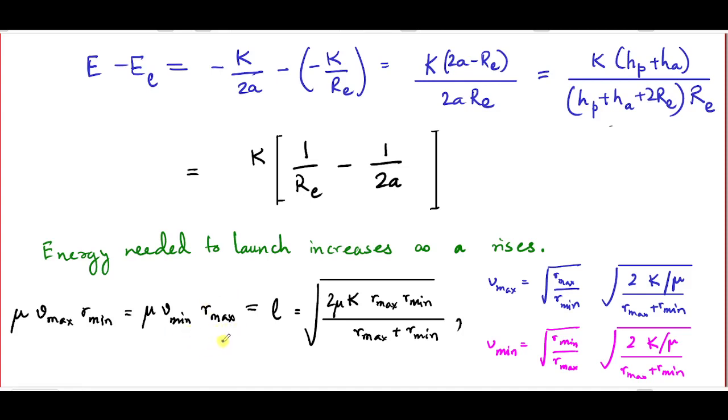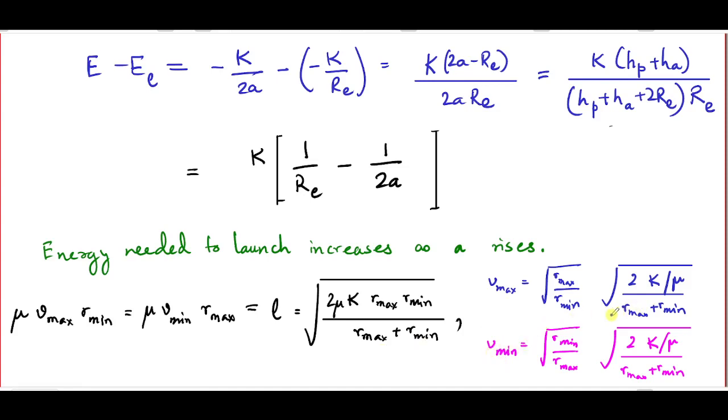These products are, of course, equal to the magnitude of the angular momentum small l, which we had already seen is root over twice mu k Rmax Rmin by Rmax plus Rmin. Now, this immediately tells us that Vmax and Vmin both can be written in a very similar fashion.